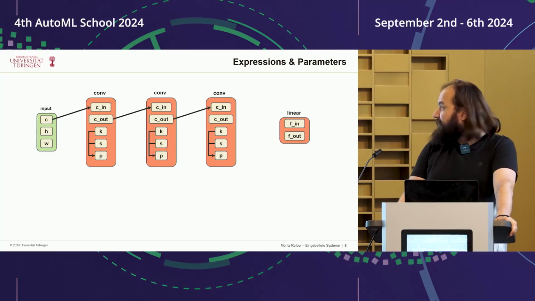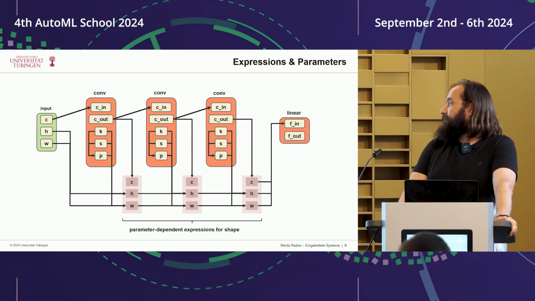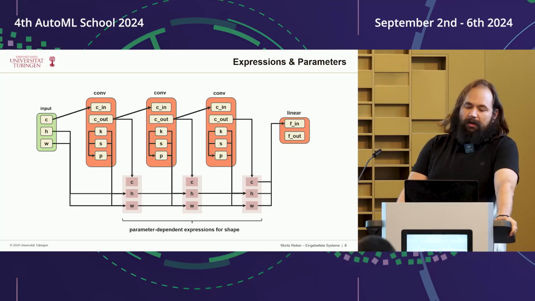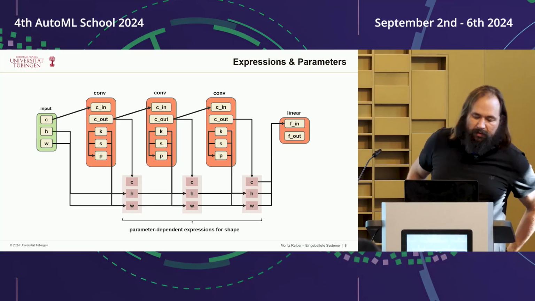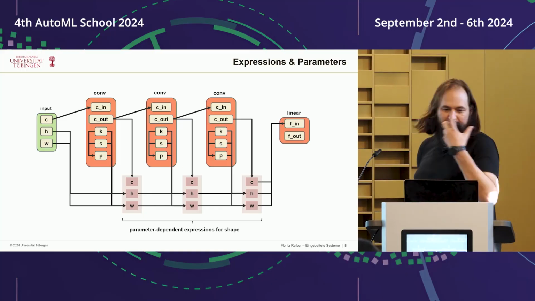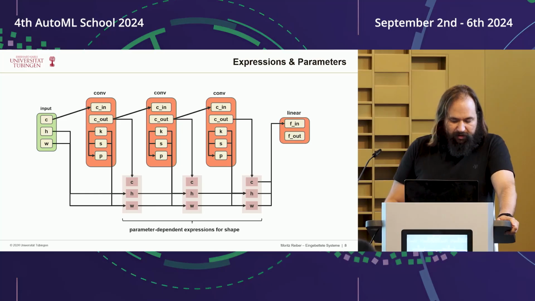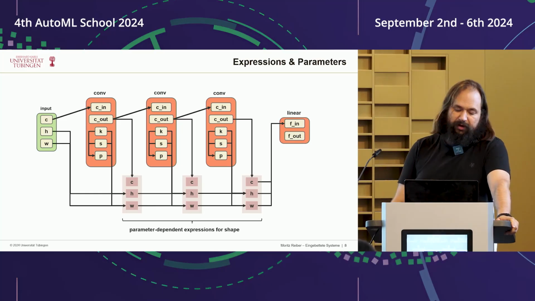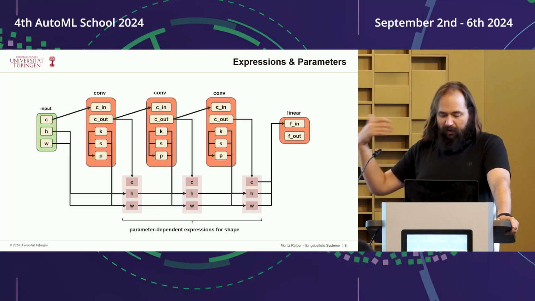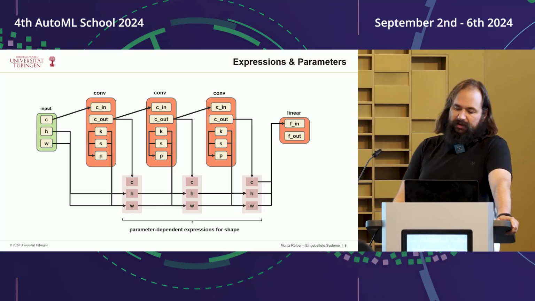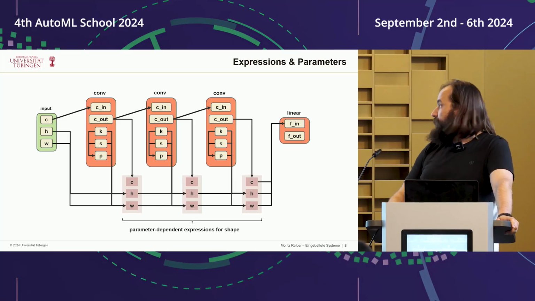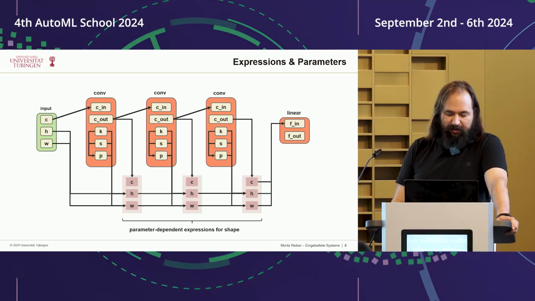That's the most basic form of constraint, but we also derive other symbolic expressions for other kinds of, for example, shapes of the neural network architecture graph.